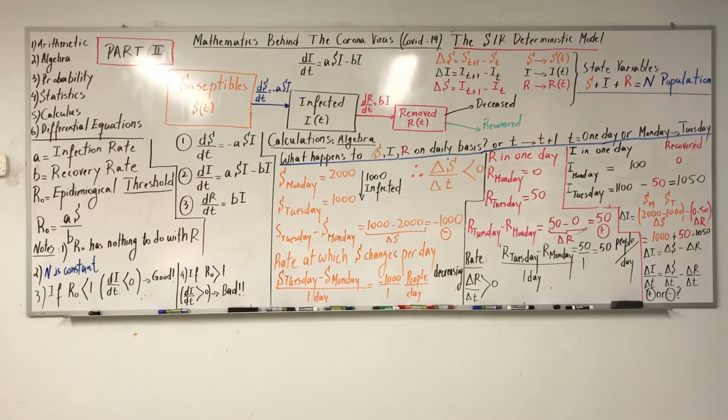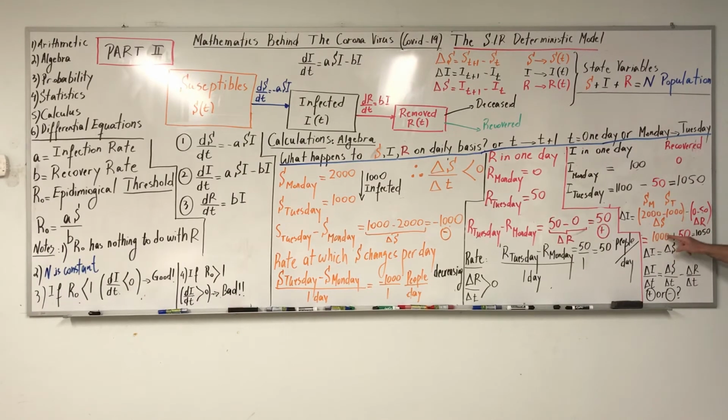Let's look at it another way. If I write delta I, we all know by now what delta I is. It's 2,000 minus 1,000, which was the susceptible people, or S of Monday minus S of Tuesday. So that's delta S, minus 0 minus 50, and this was delta R. So from here to here.